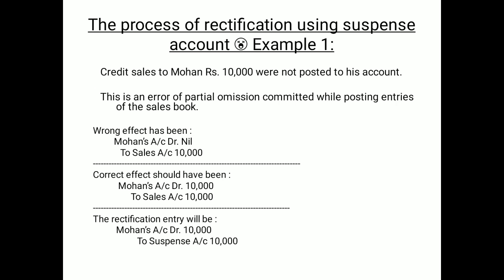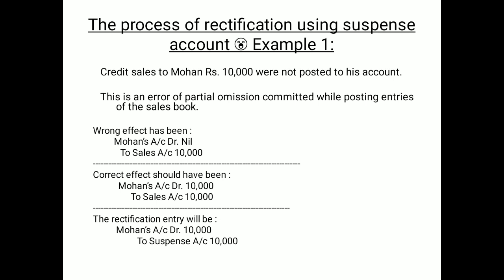Now the process of rectifying the one-sided error, with the example we are taking, number 1. Credit sales to Mohan. This is the one entry I have taken. As you know very well, Mohan to sales should be done as the correct entry. At number 2, Mohan to sales 10,000 has been passed. What you have done is, it was not posted in his account.